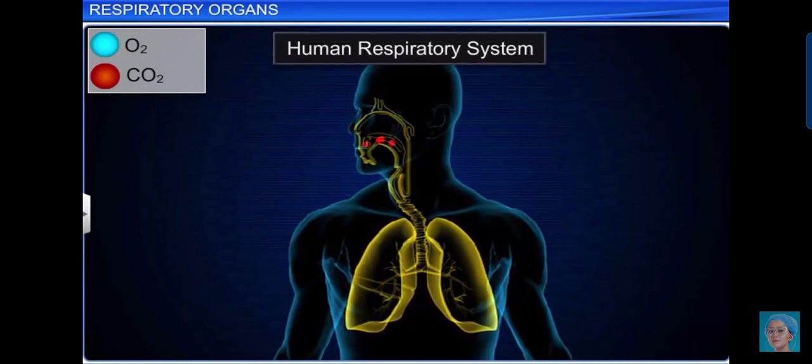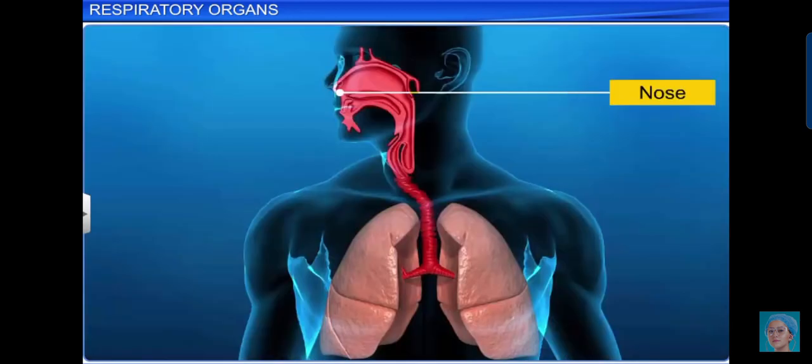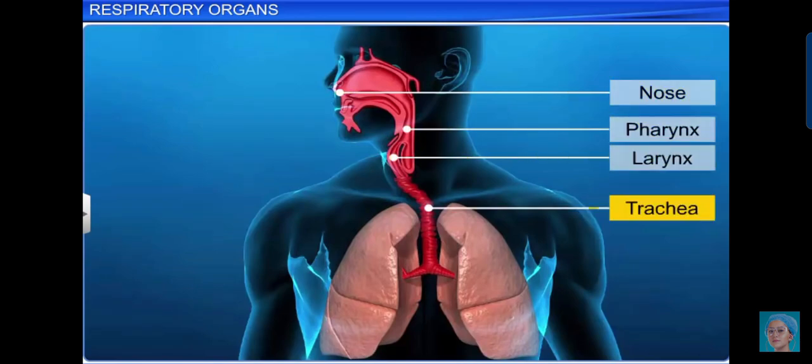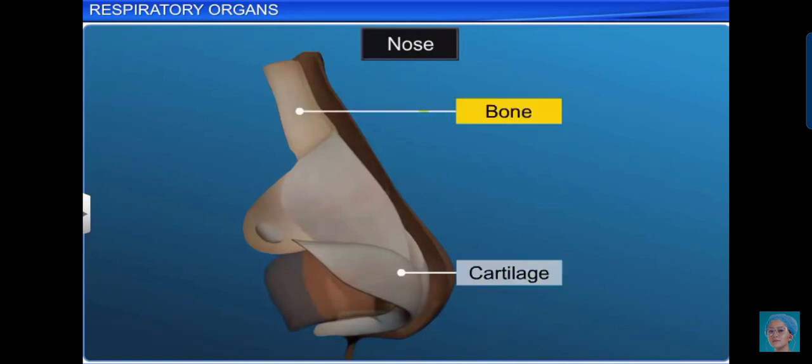In humans, it consists of respiratory organs such as the respiratory tract and lungs. The respiratory tract includes the nose, pharynx, larynx, trachea, and bronchi. The nose is made up of cartilage and bone.